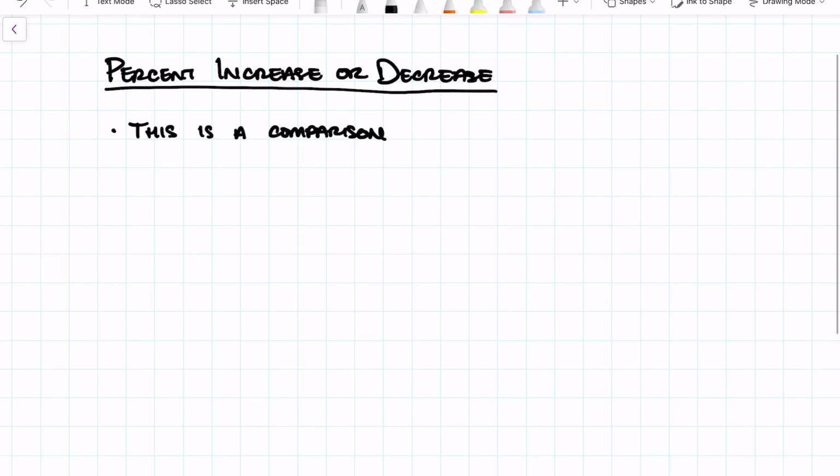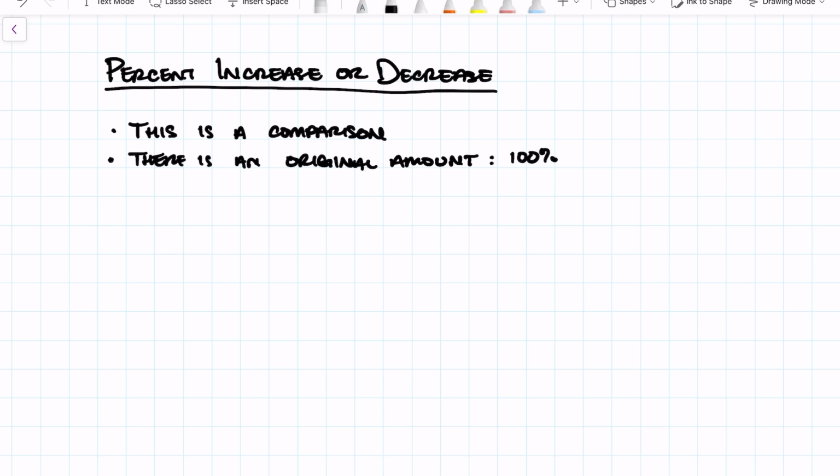All right, so if we are comparing, what are we comparing to? I think the easy way to look at this is there is going to be an original amount, and this amount is always going to be 100%.